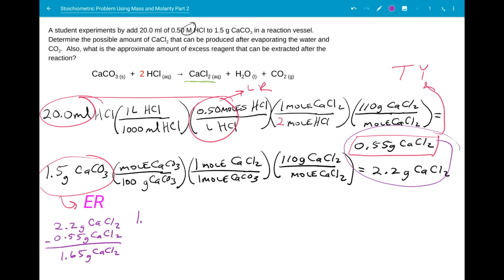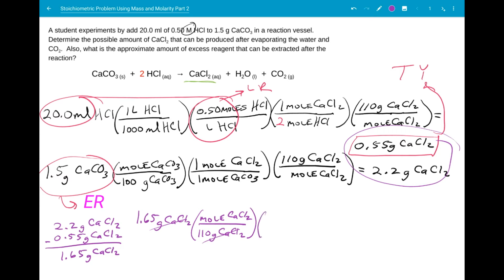So I go 1.65 grams CaCl2, and whatever units up top, put on the bottom. So it's going to be 110. I'm going to take the molar mass, 110 grams, and convert grams to mole calcium chloride. So the grams are gone.